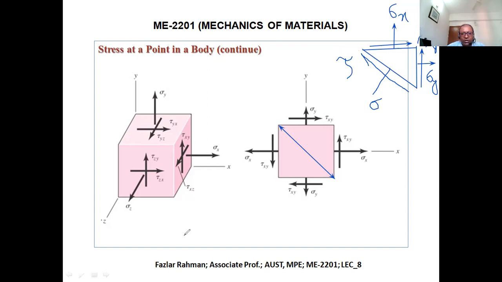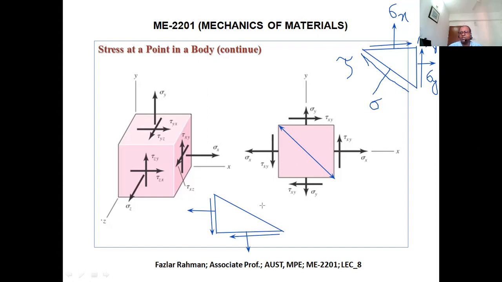Now, how much force will work in the lower portion? If I draw the lower portion, then I will have sigma x along this direction, sigma y along this direction. Now see, there is a tau xy, right? Tau xy along this direction, tau xy along this direction.